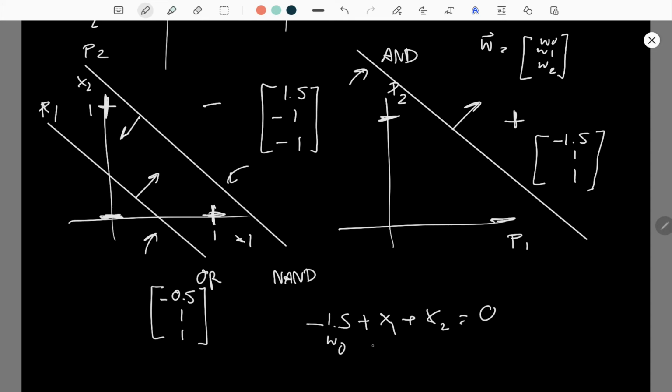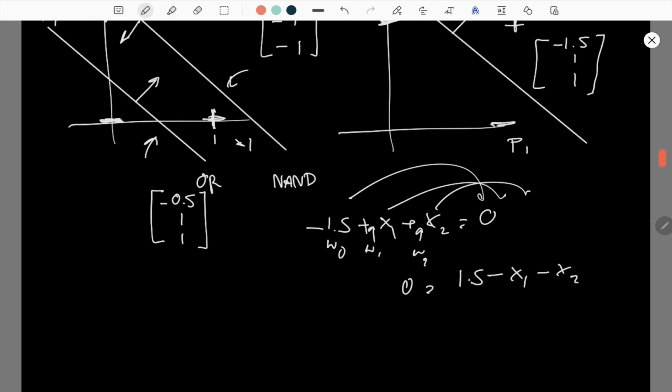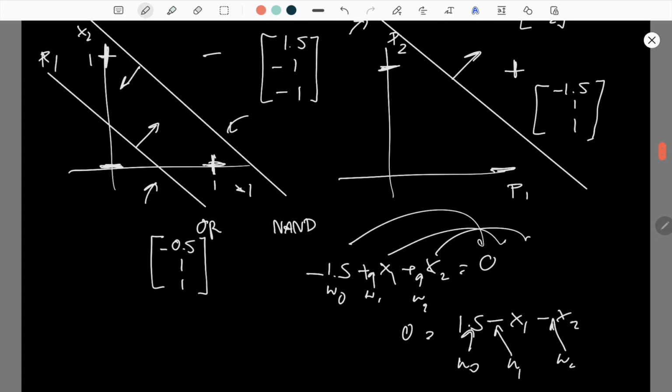This is W0, this is W1, that is 1, and W2 is 1. For the opposite side, you can move everything to the other side of the equation. So it will be 1.5 minus x1 and minus x2. So W0 is 1.5, W1 is minus 1, and W2 is minus 1. So this is the weight of the NAND.